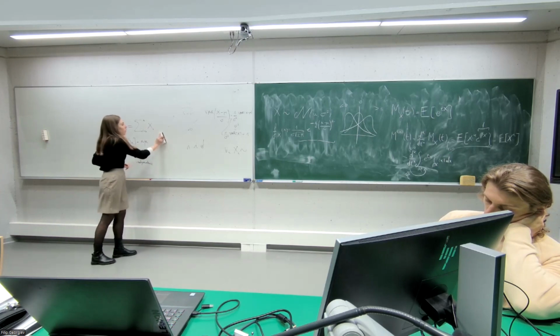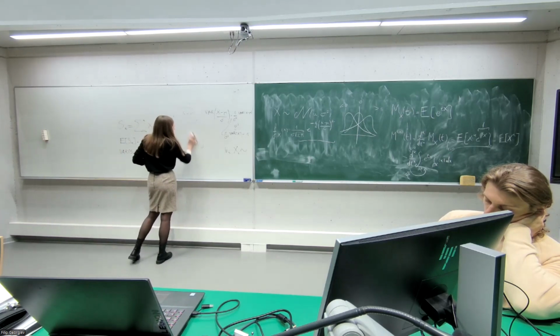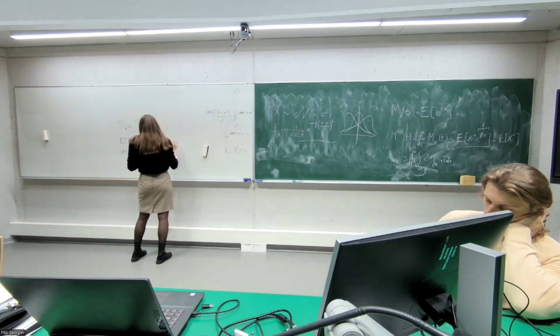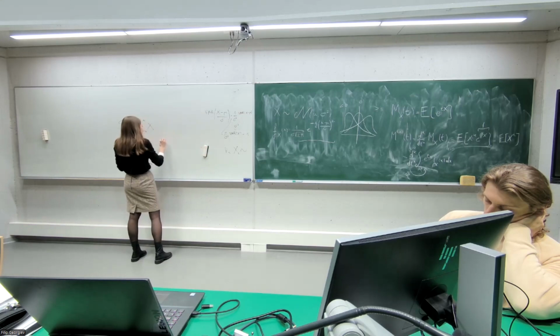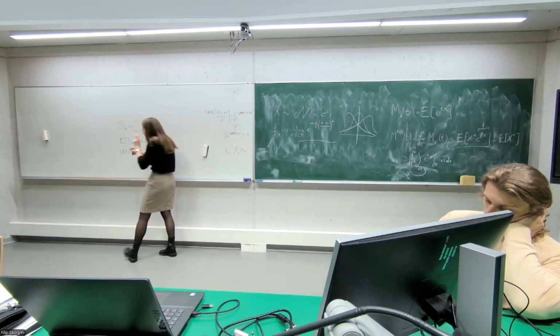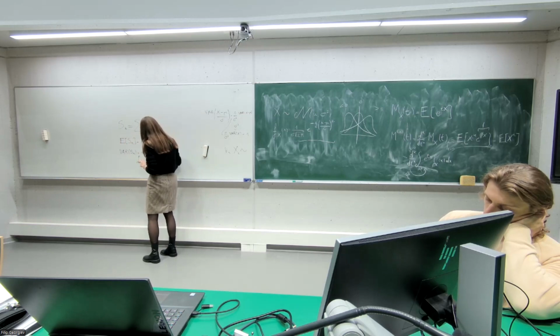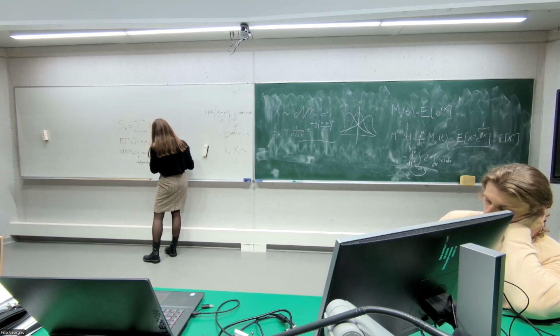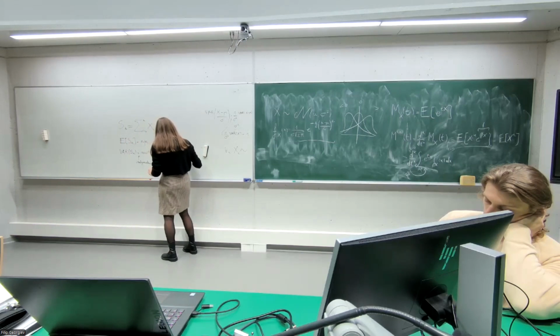In particular, the sigma of this variance is the square root of n times sigma.